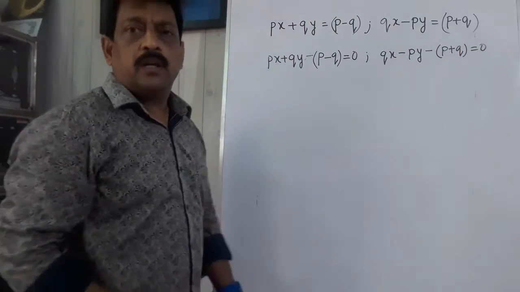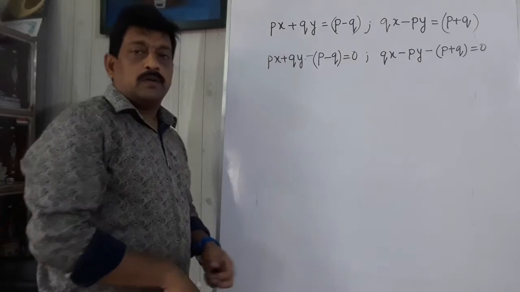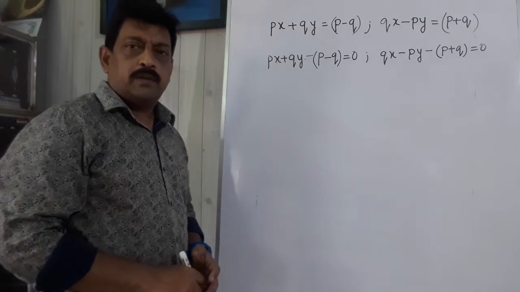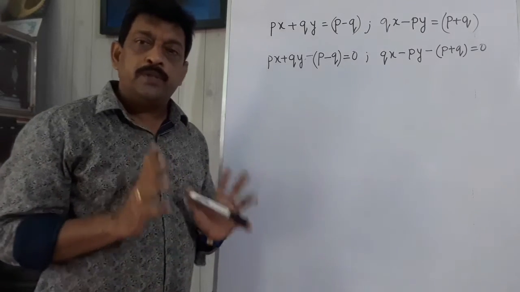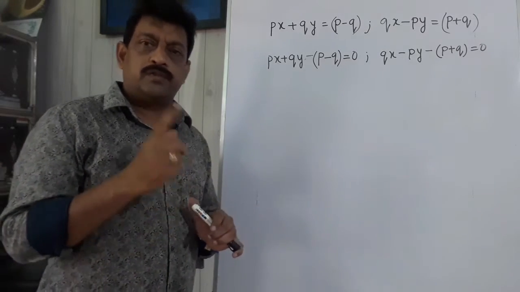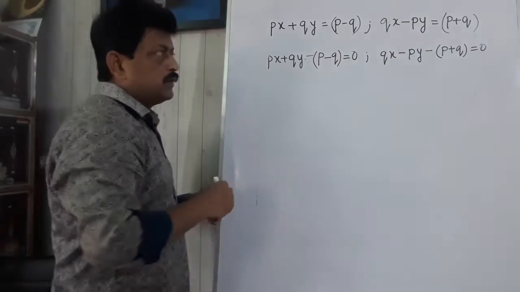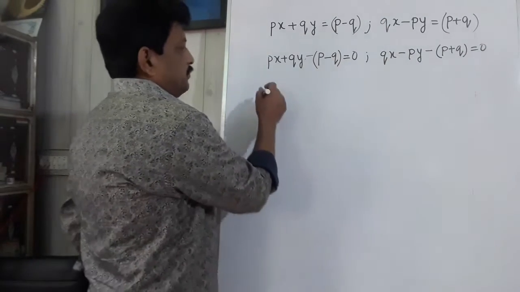Now let us compare with the general form. We all know the general form is a1x plus b1y plus c1 equals 0 and a2x plus b2y plus c2 equals 0. I am not going to write down the whole thing again, just simply writing the values.